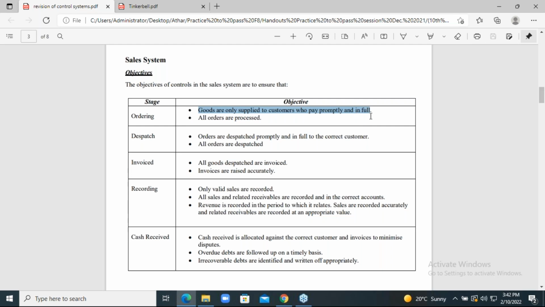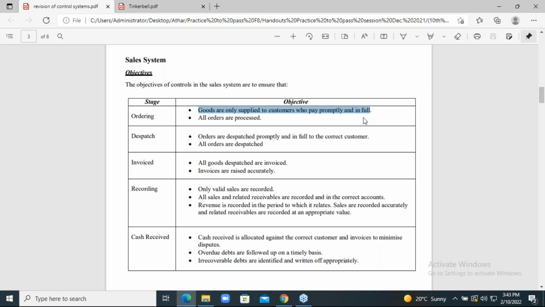So there must be some risk hidden behind this objective. Let me give you an example. What would be the risk? The risk would be that goods are supplied to those customers who cannot pay promptly or who cannot pay in full. Now this is the risk. Opposite to that objective is the risk.